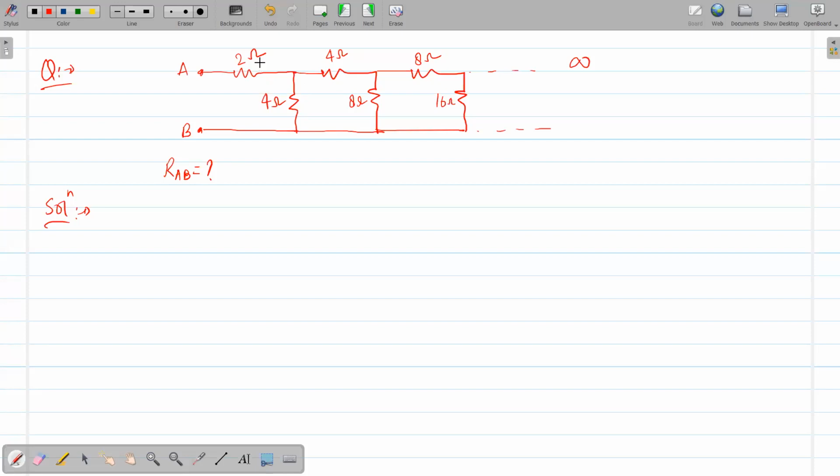If you remember that question, 2 ohm, 4 ohm, then again 2 ohm, 4 ohm, 2 ohm, 4 ohm, 2 ohm, 4 ohm. So repetition was there. But here we don't have repetition. We have 2 ohm, 2, 4, 4, 8, 8, 16, 16, 32 like this, right?